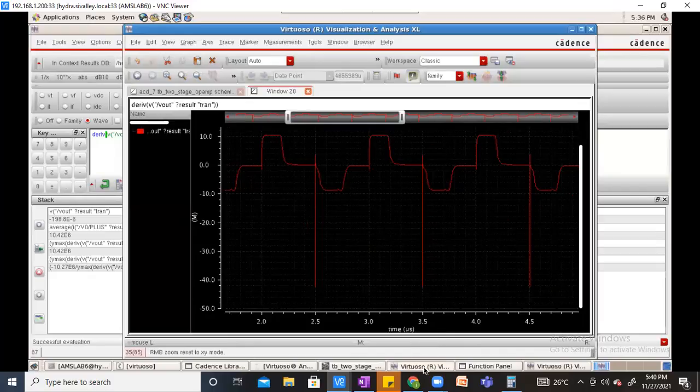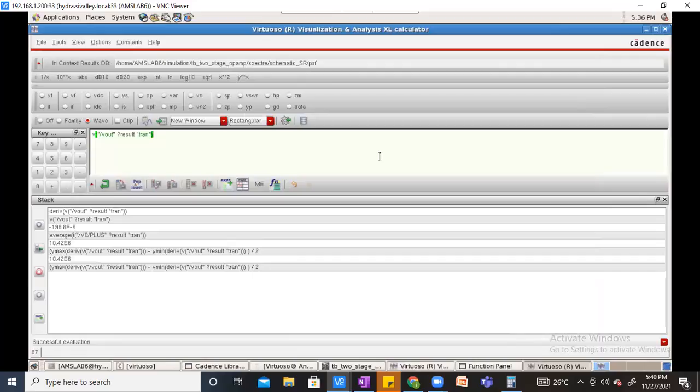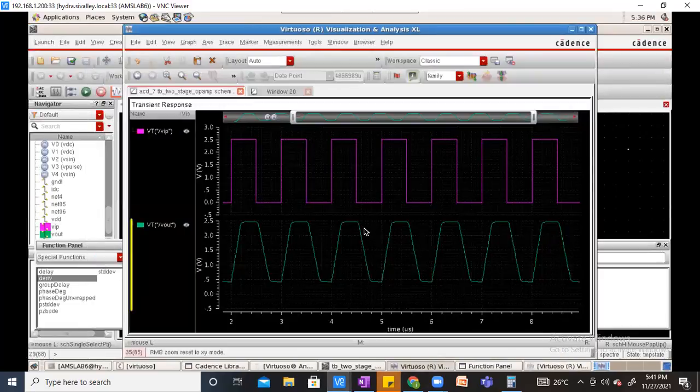Why are glitches coming here? Anything wrong in this waveform? Okay, yeah, the ramp up and ramp down is causing that. But still that also should not, right?